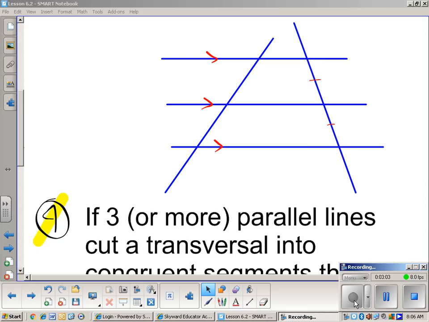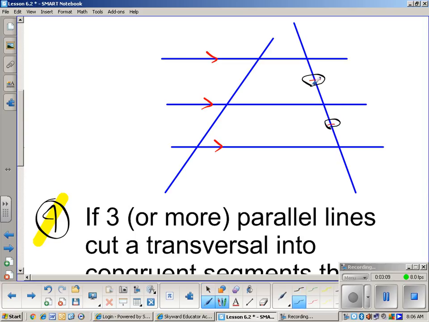And these marks right here mean that those two segments are what? Congruent. Okay? That means they're congruent. So what this is saying is if these three parallel lines, 1, 2, and 3, cut this transversal into equal pieces, that means it's going to cut every transversal into equal pieces.